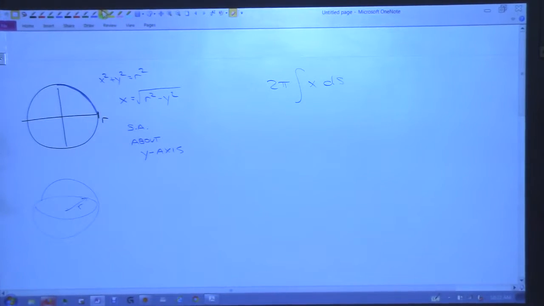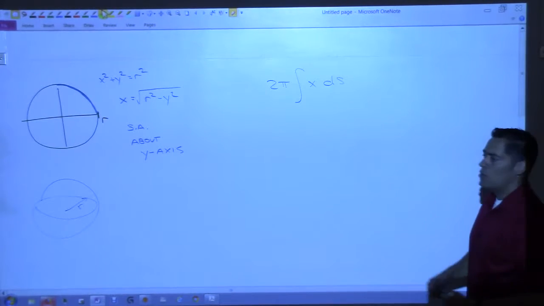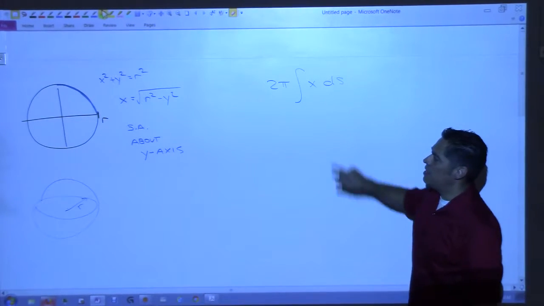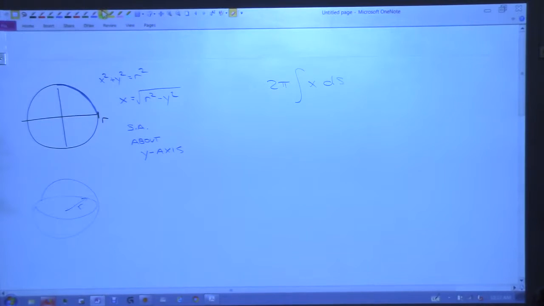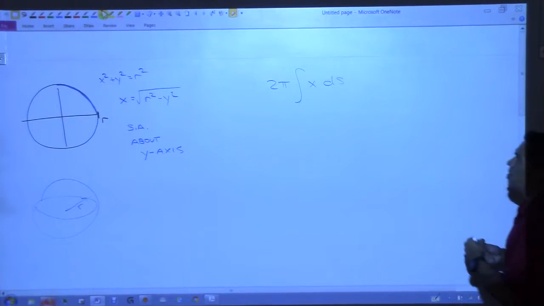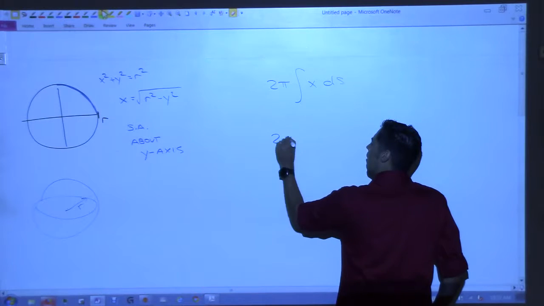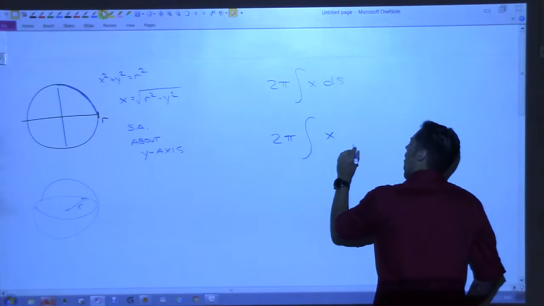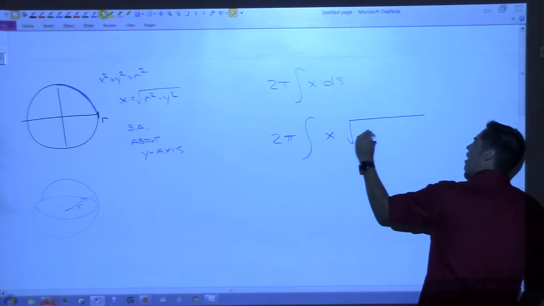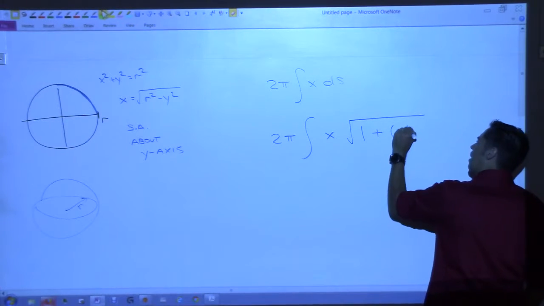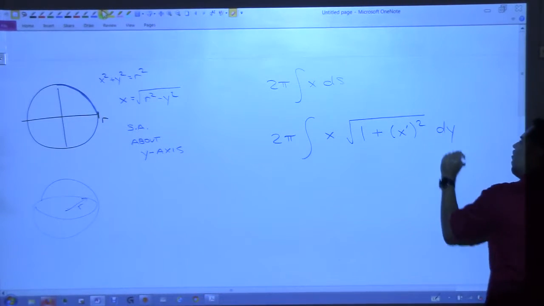I have solved this thing for x, which means that I want to use the ds that has the x prime in it, right? That means it's going to be d dy. So let me write that down. I'm going to leave x. This is going to be the one that has the x prime in it, and that means it's got to be with respect to y.